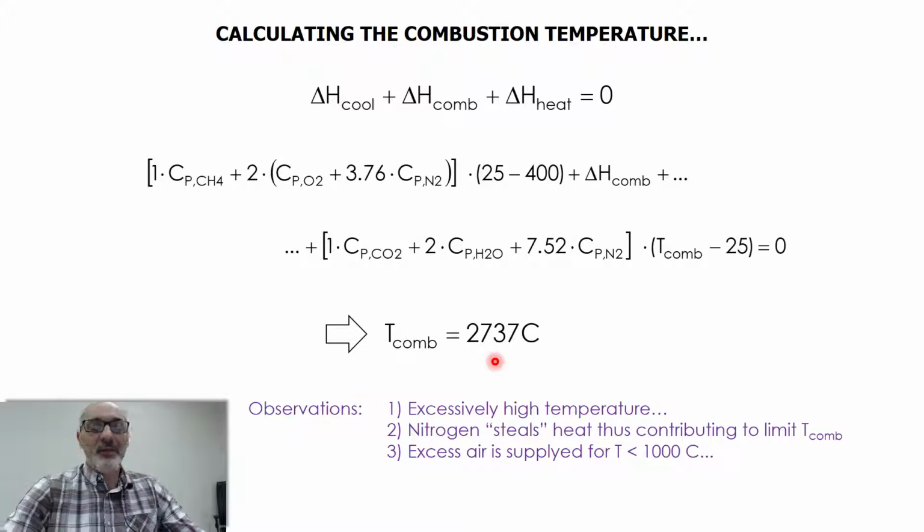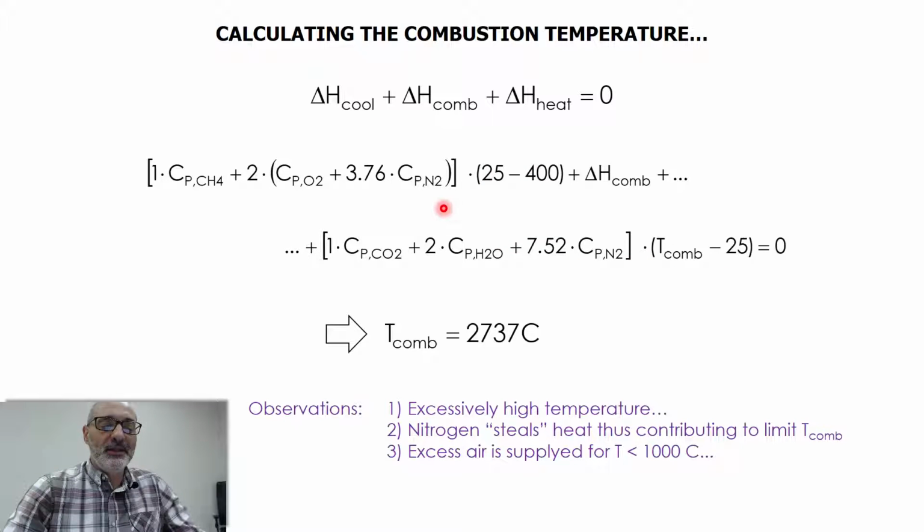We have to do something in order to control, to limit this temperature below, let's say, 1,000 degrees. Okay? So the way that we do that, I already mentioned that nitrogen is stealing some amount of heat, because nitrogen is entering at 25 degrees and it's coming out of the reaction at the combustion temperature.